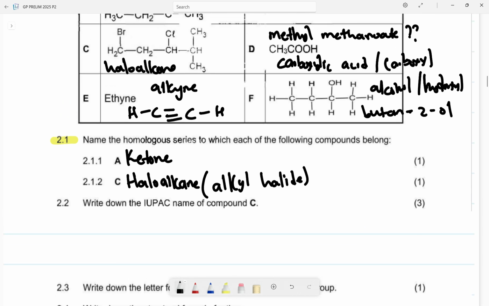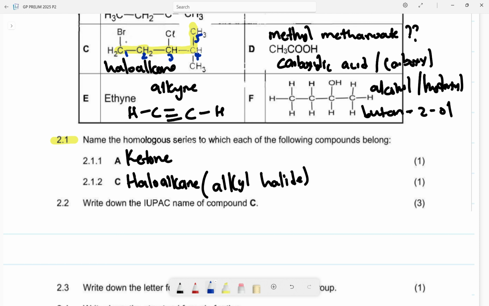Write down the IUPAC name of C. So let's name the IUPAC name here. First carbon, second carbon, third carbon, fourth carbon, fifth carbon. I'm going to take my longest chain like this. I can start counting my longest chain from here or from here. Let me start from here: 1, 2, 3, 4, 5.